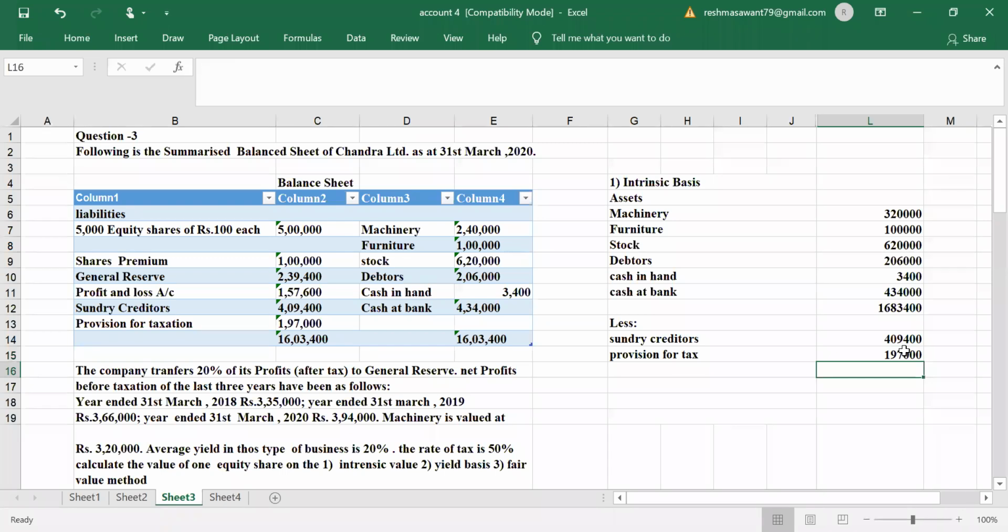Make sure that when we reduce liabilities, only current liabilities are considered for the calculation of funds available to shareholders. So less 4,09,400 plus 1,97,000, the total of these two headings, from 16,83,400. The answer will be 10,77,000.